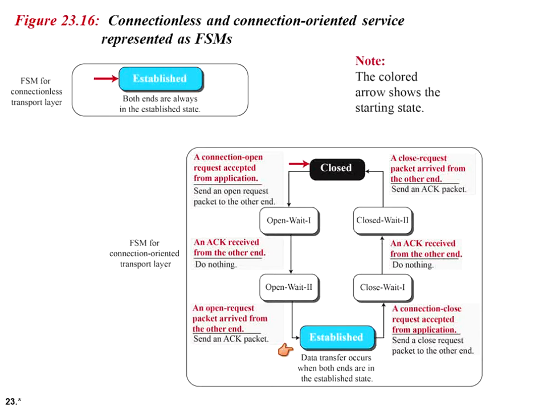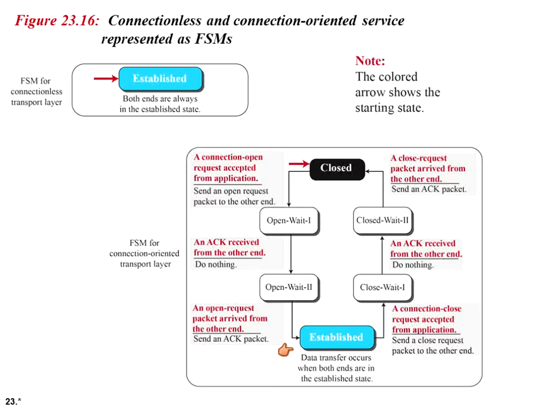Now, a finite state machine in a connection-oriented transport layer needs to go through three states before reaching the established state. The machine also needs to go through three states before closing the connection.